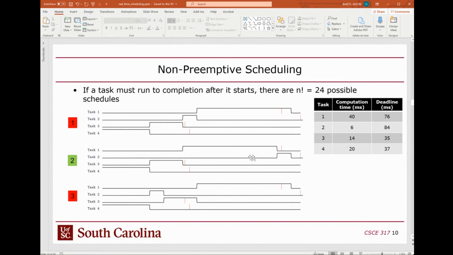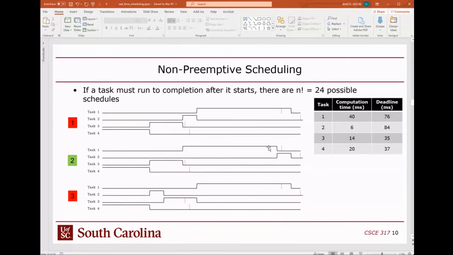it met its deadline. But if you look at the first schedule, we ran task 4 first, task 3 second, which so far is the same as the last one we looked at. But the difference is that we ran task 2 third, and then task 1 fourth, and that caused task 1 to miss its deadline.